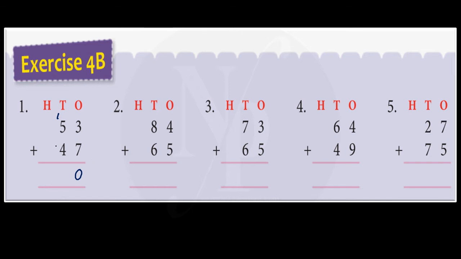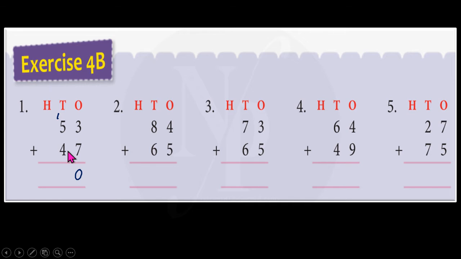And now we add the digits in tens column. So here we add 5 tens and 4 tens. 5 tens plus 4 tens is equal to 9 tens. We have 1 ten carried forward here. When we add that 1 ten with the 9 tens, we get 10 tens. So 10 tens are regrouped as 100 and 0 tens.